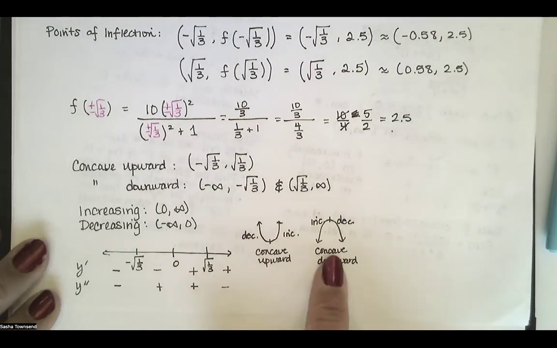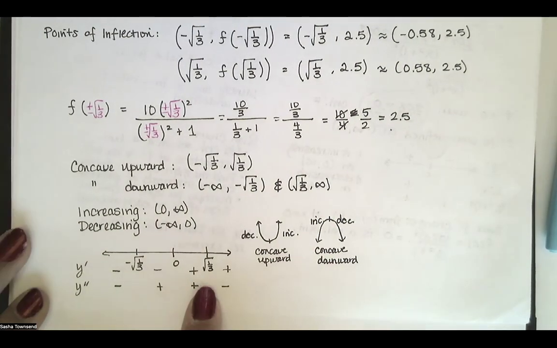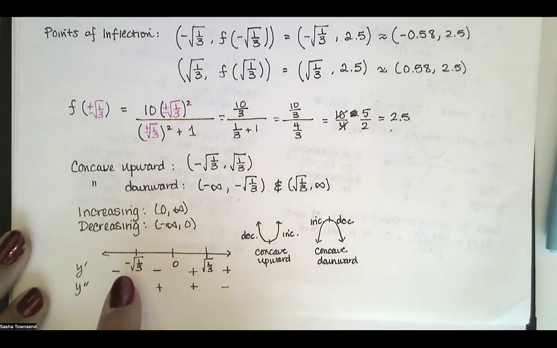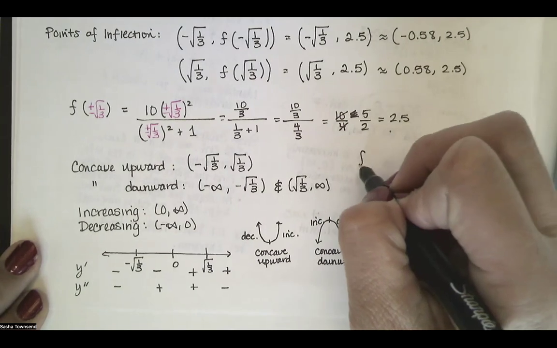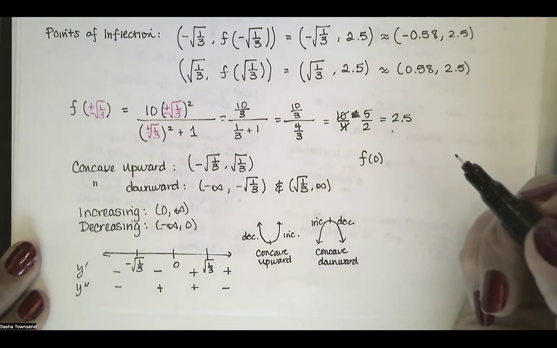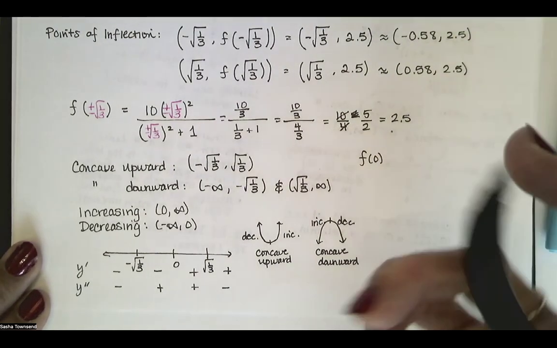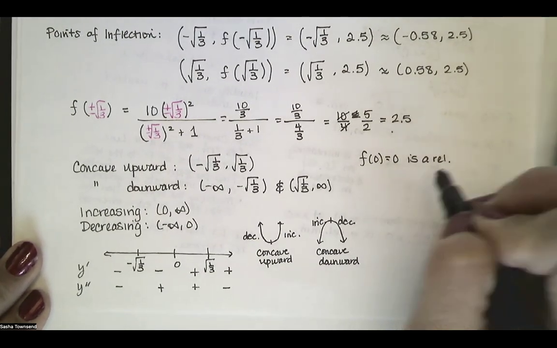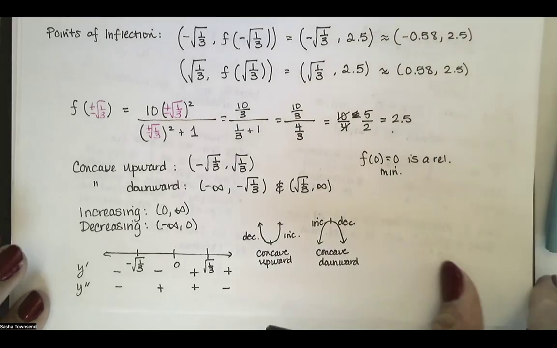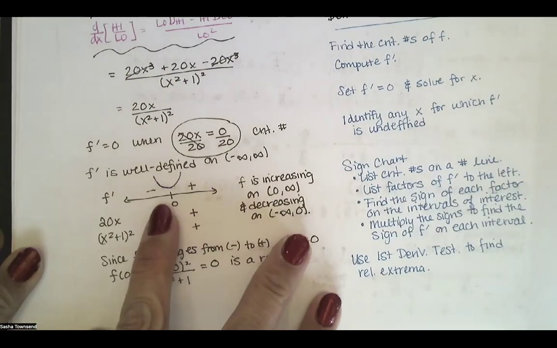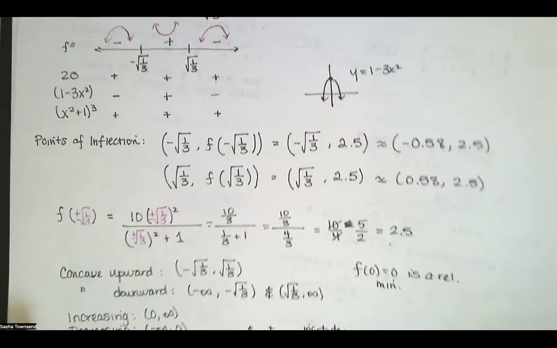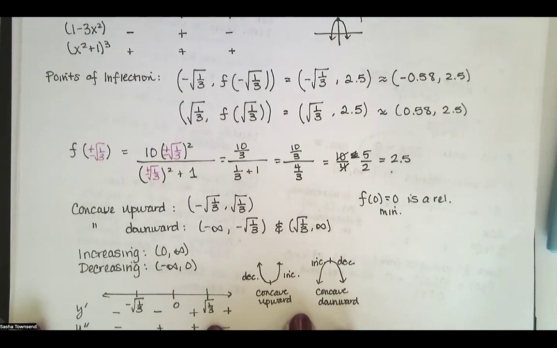With those 2 graphs and this chart, and these points, the 2 points of inflection and f of 0 equals 0, which corresponded to a relative max, I think. No, it was a relative min by the first derivative test. Remember, because we did that calculation right there. The function went from decreasing to having a 0 slope to increasing. We can use all of that information to graph our function.